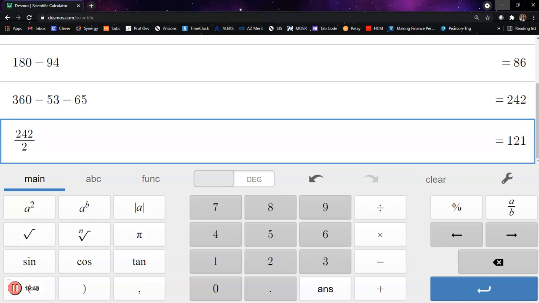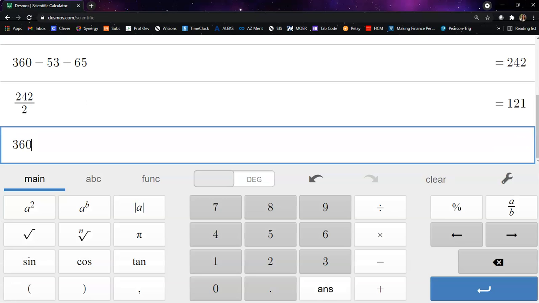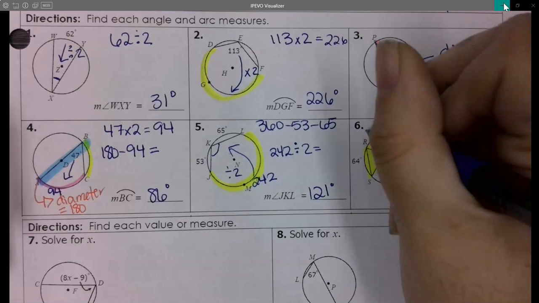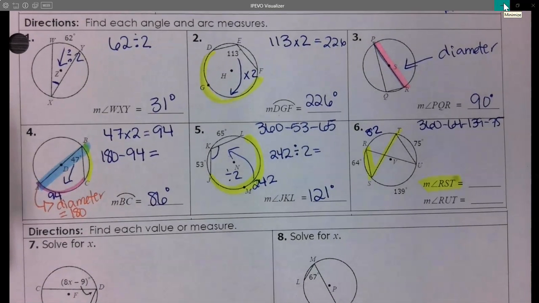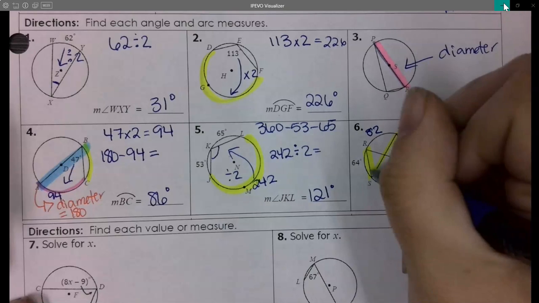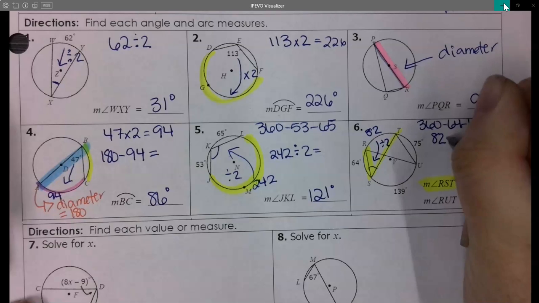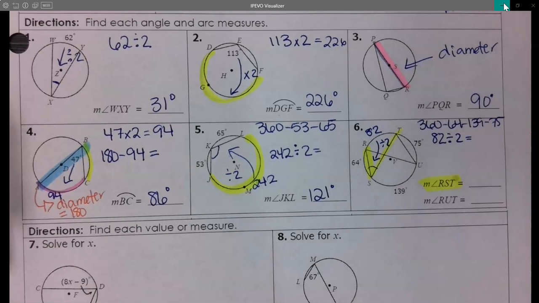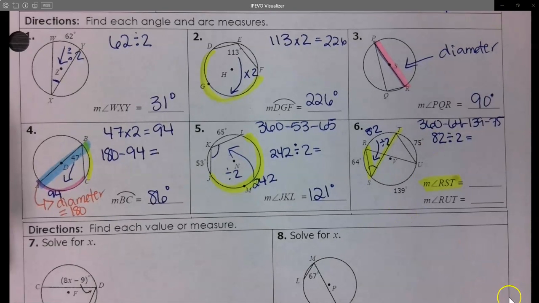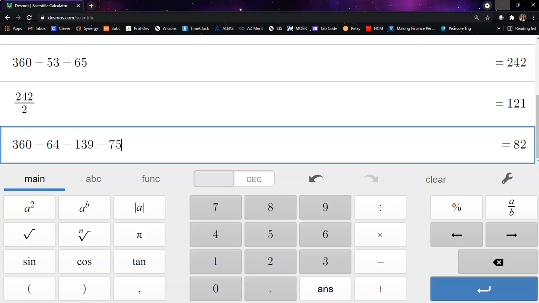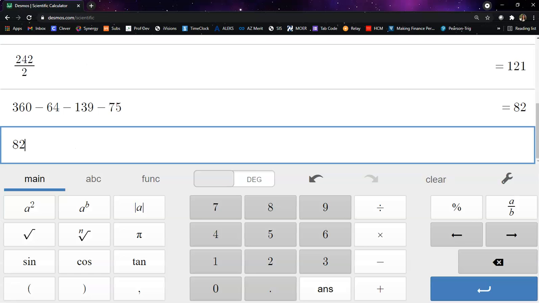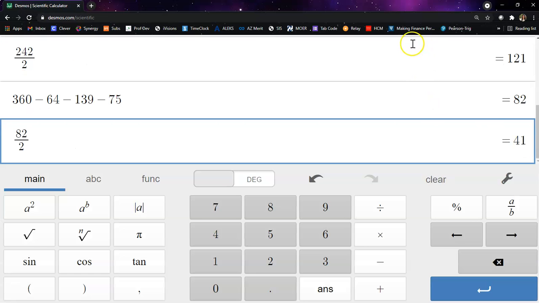So I'm going to go type this into decimals. Which gets me 82 for the arc length. So then to go back to the angle, I want to divide by 2. Which gets me 41.